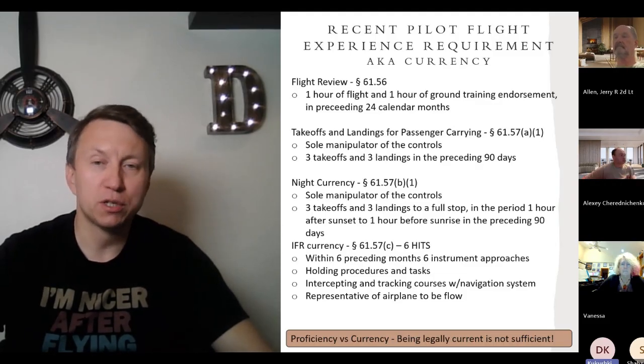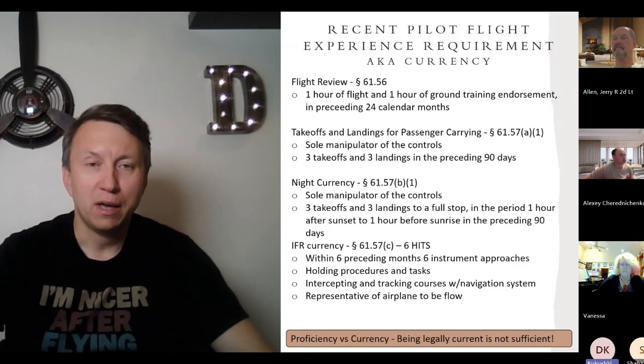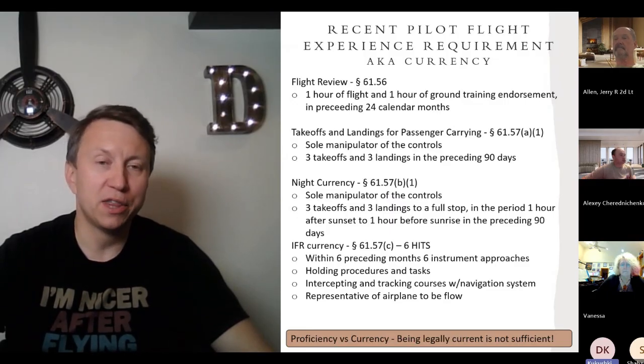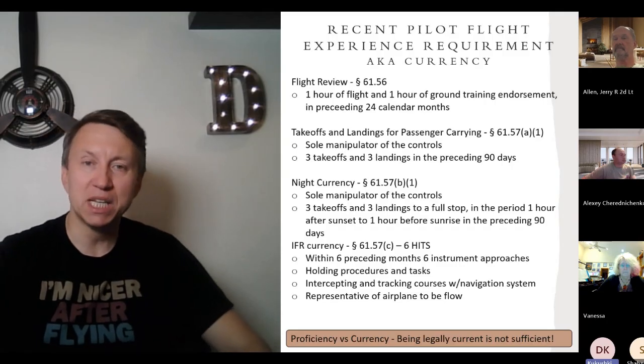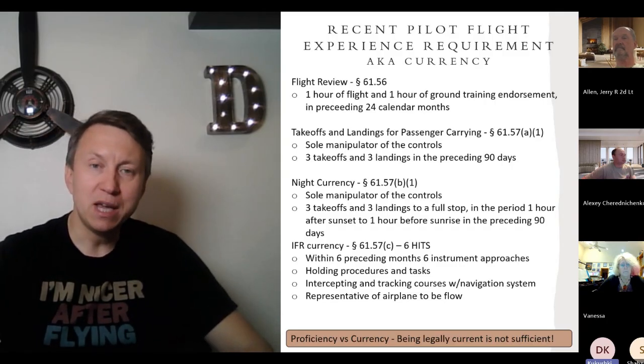So 3 touch and goes, don't cut it. And then the IFR currency. That one will definitely be something you'll have to explain. 6 hits or 66 hits is the way to remember that. Within preceding 6 months, there has to be 6 instrument approaches in your logbook.